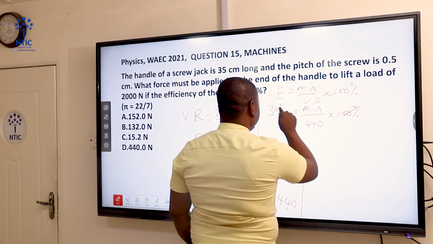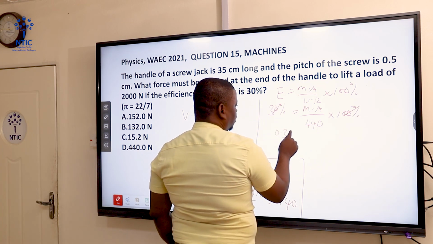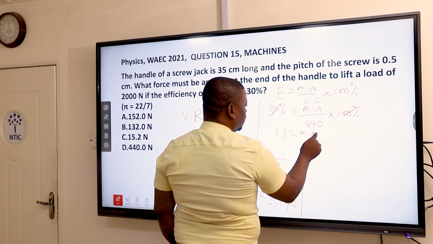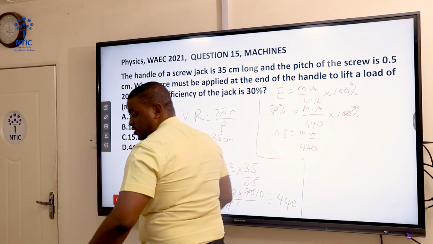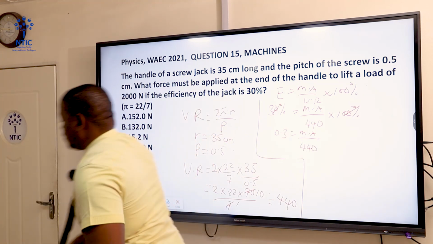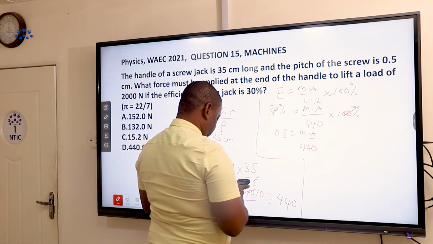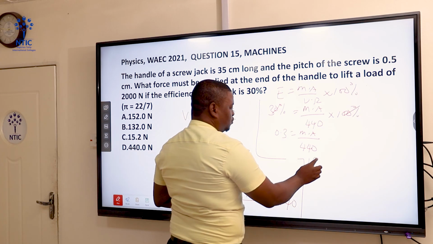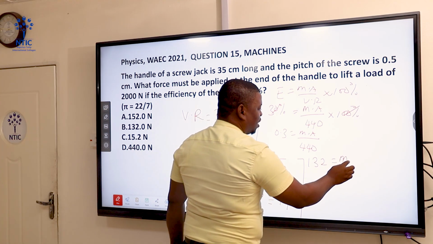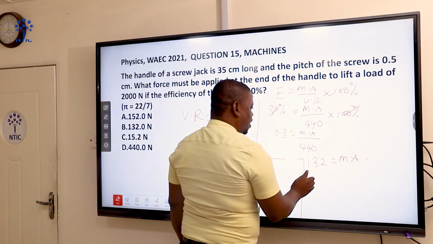So I'm going to have 0.3 equals MA over 440. If I multiply 0.3 by 440, I'm going to have 132 as my mechanical advantage. So my MA is 132.